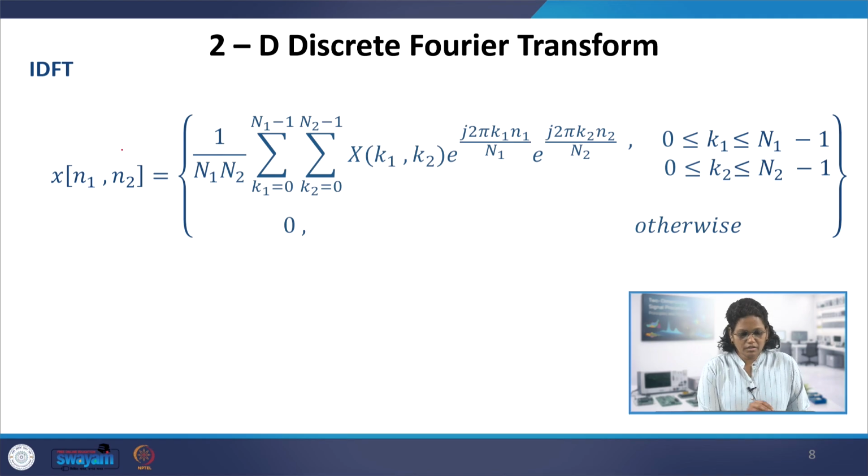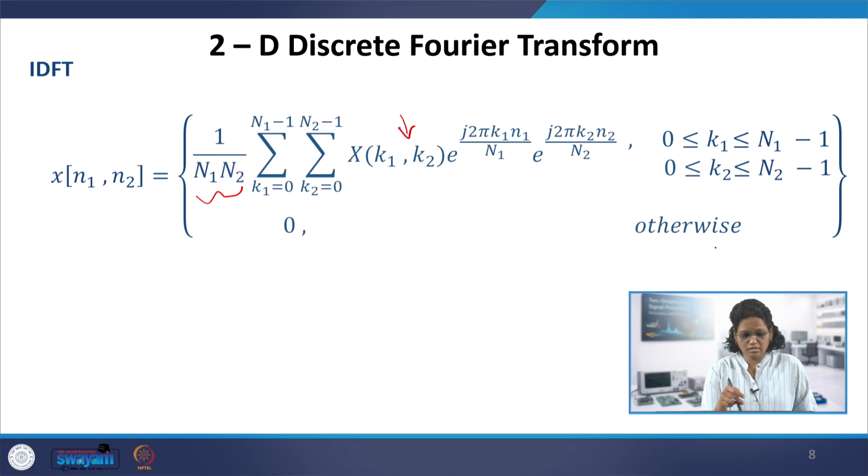And the IDFT is the synthesis equation of the 2D DFT. If we know the coefficients, multiply by e power j 2 pi k1 n1 by n1 and so on and sum over, the scaling factor gets back the finite sequence, and it is 0 otherwise.